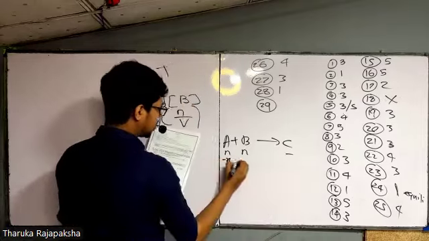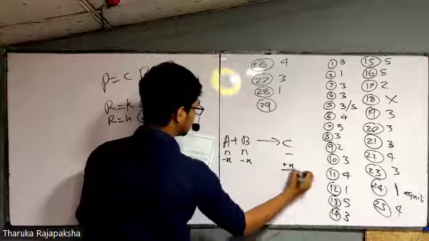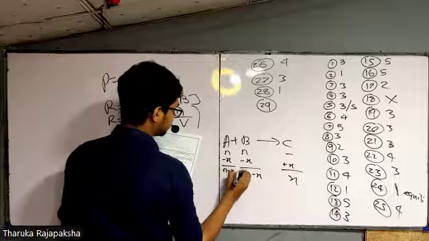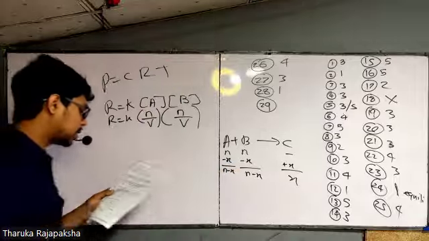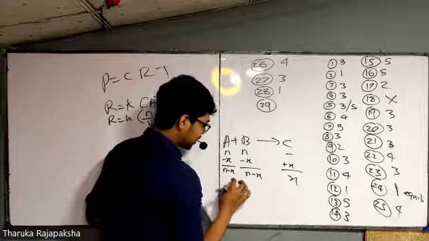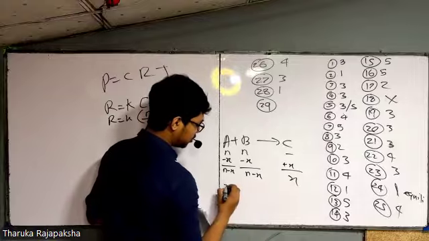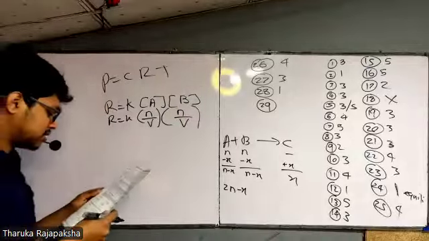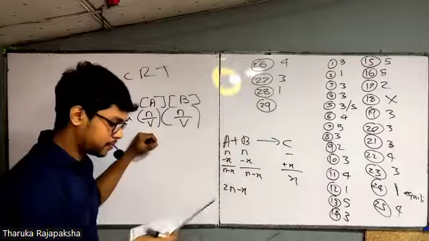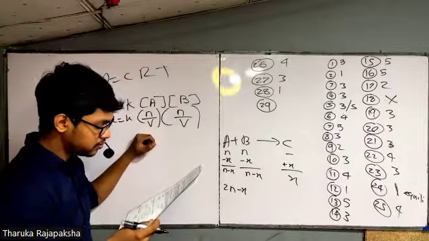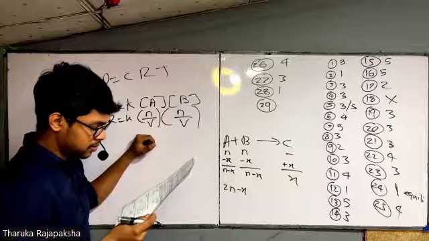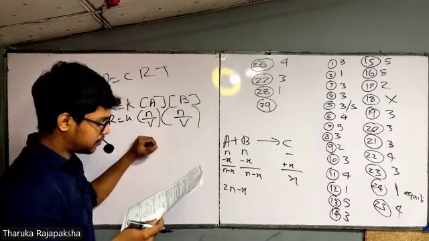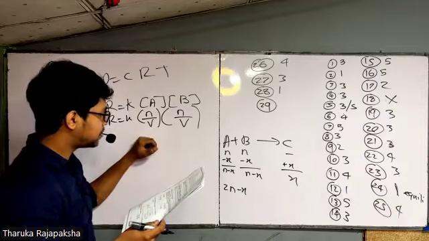Let's say X amount reacted, then this is plus X. This is N minus X. This is also N minus X. So total number of moles at the end will be 2N minus X. They're asking the rate of the reaction at time T is Q, the pressure P of the vessel at time T.